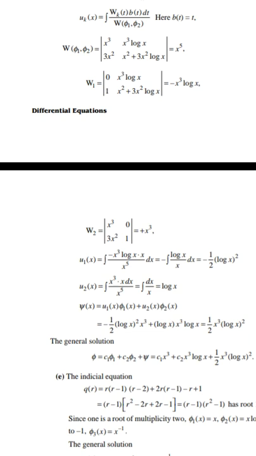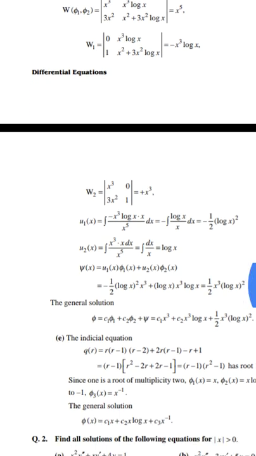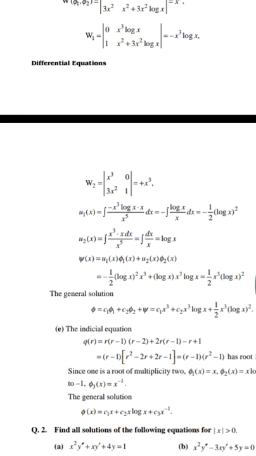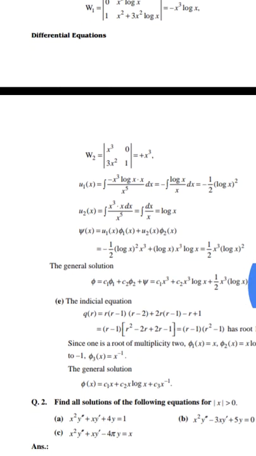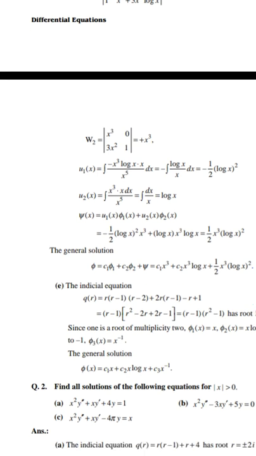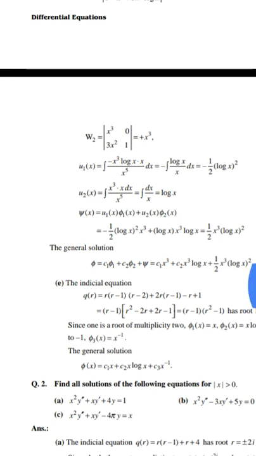u2 of x equal to integral of x cube x log x divided by x5, is equal to integral of dx divided by x, is equal to log x. Psi of x equal to u1 of x phi 1 of x plus u2 of x phi 2 of x is equal to minus 1 by 2 log x square x cube plus log x cube log x, is equal to 1 by 2 x cube log x square.